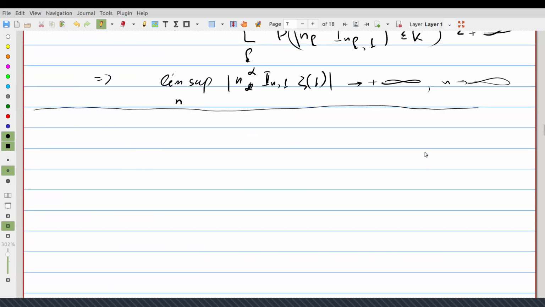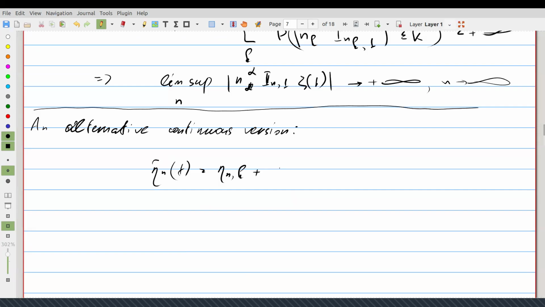Maybe we can do an alternative continuous version, which is eta n of t equal to the value at t nk plus the slope times t minus t nk.